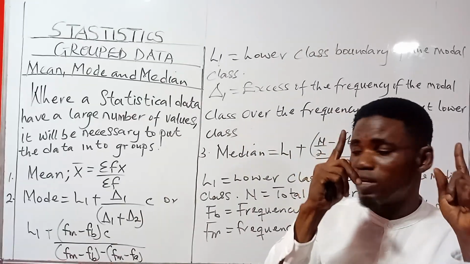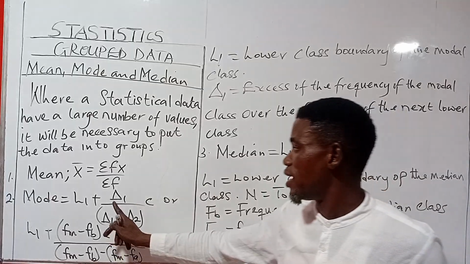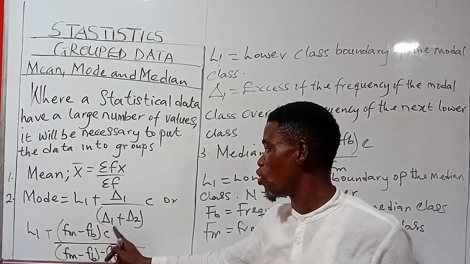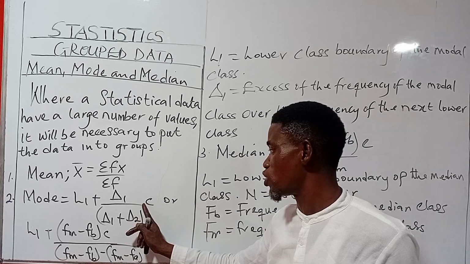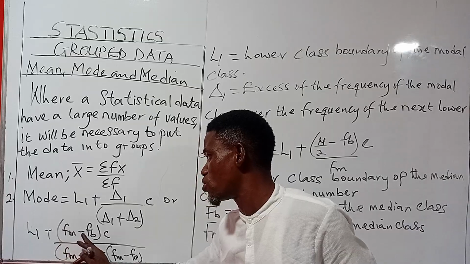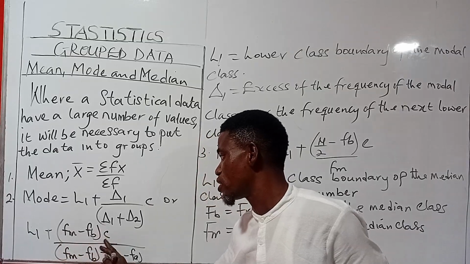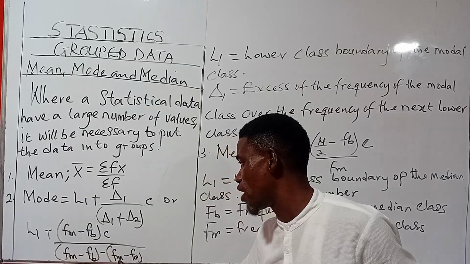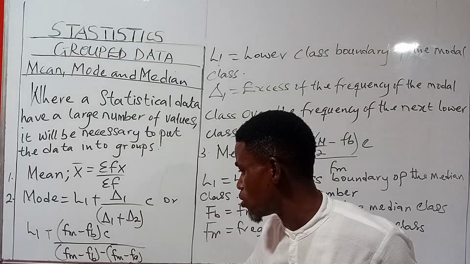L1 means the lower class boundary. Then we have the mode equals L1 plus bracket delta 1 divided by bracket delta 1 plus delta 2, then multiplied by c. Or L1 plus bracket Fm minus Fb close bracket c, divided by bracket Fm minus Fb minus bracket Fm minus Fa.